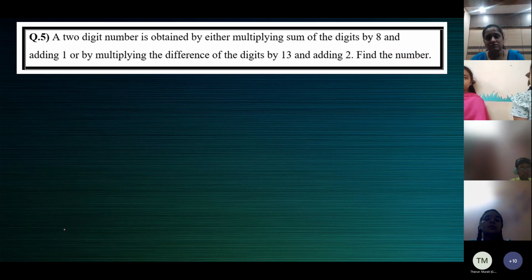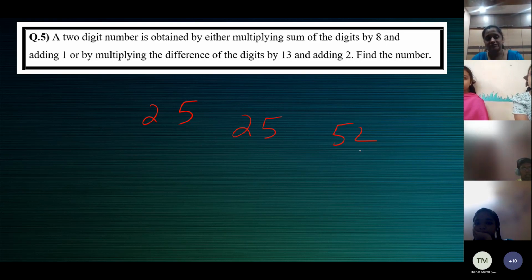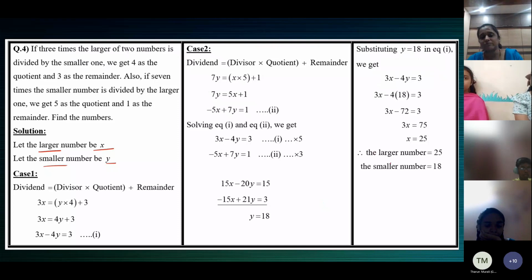When it's about one number, the digits can be 2 and 5. When the digits are 2 and 5, the number can be 25 or 52. Completely different. But when there are two different numbers, 25 and 18, if you call x the greater number, you will get x as 25 and y as 18.